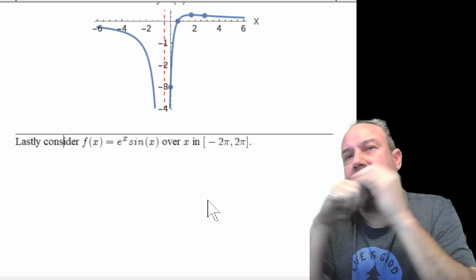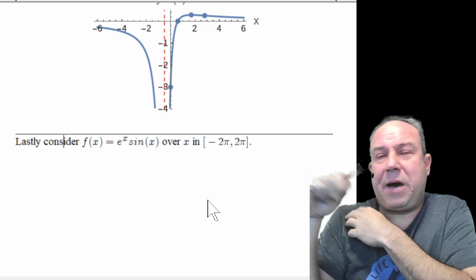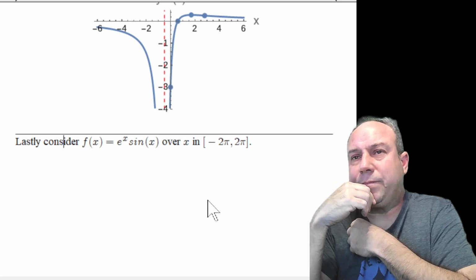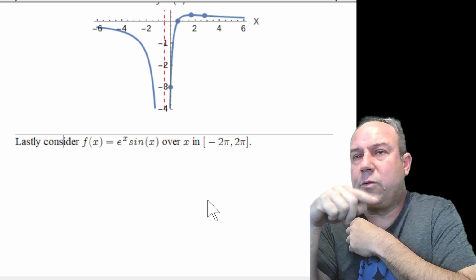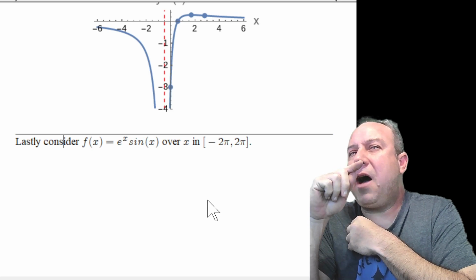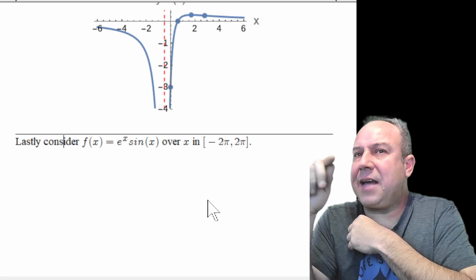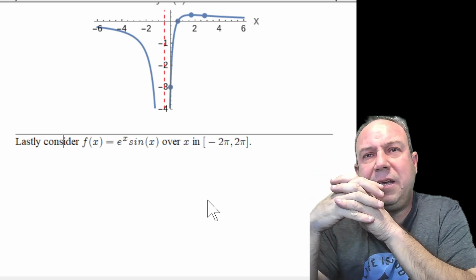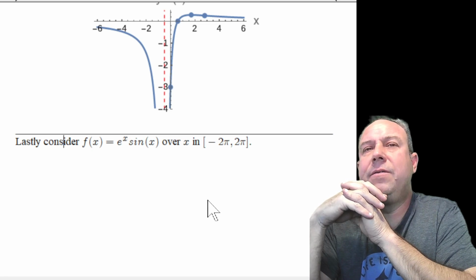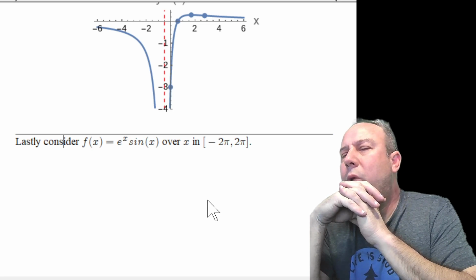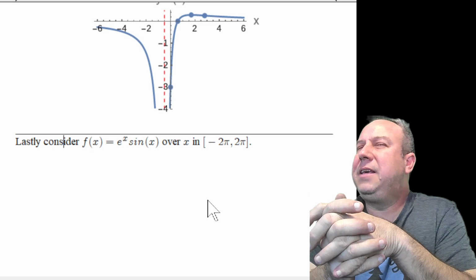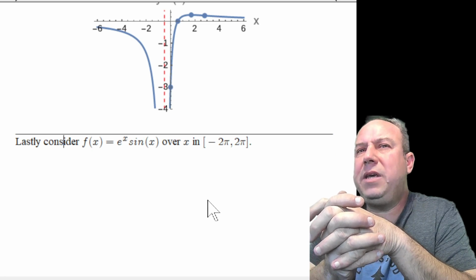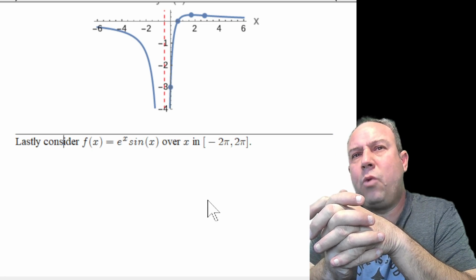If we were to make a revolution around our unit circle in the positive or negative direction, one full revolution, how would e to the x sine x behave? Right? What would be the key features in that graph? Well, to begin with, we would be interested in our x and y intercepts.